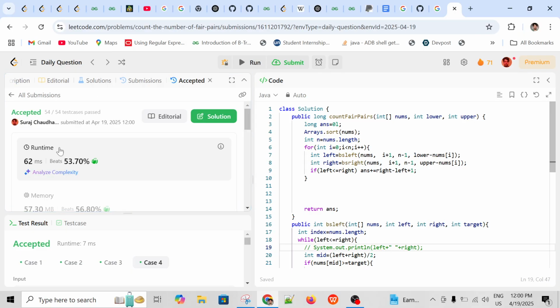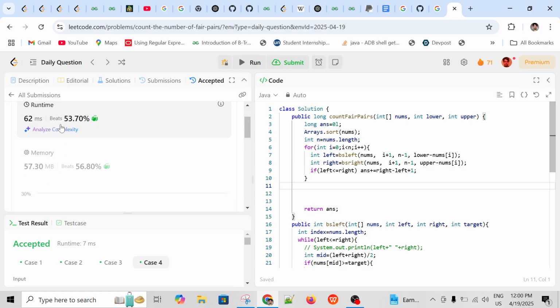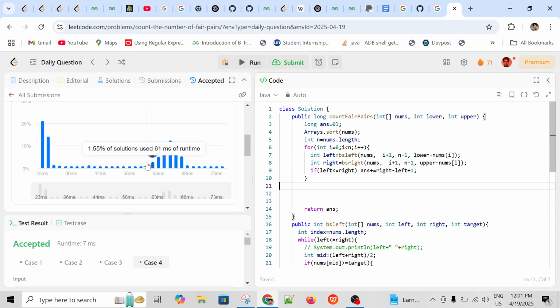So you can see that our code has been accepted and taken 62 milliseconds and beats 53.70% of the people who have submitted in Java. And in case of memory, we have taken 57.30 MB, and that beats 56.80% of the people who have submitted in Java.